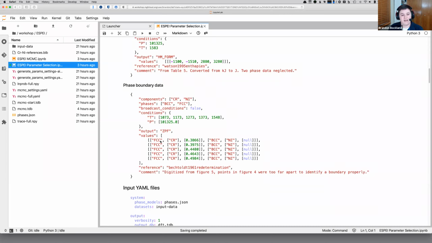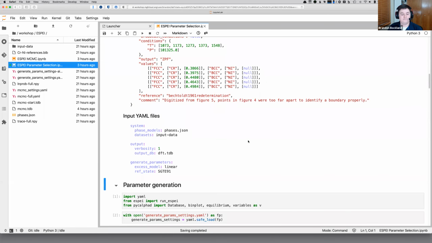Or maybe you make an alloy at this composition and you heat it up in your DSC, and then you see that there's a phase transformation from FCC only to the 2-phase region, and it happens at this temperature. In that case you know the composition of the FCC phase at that transition, but you don't know what the other side of that tie line is. That's what the null is for. Like I said, that's totally normal and expected.